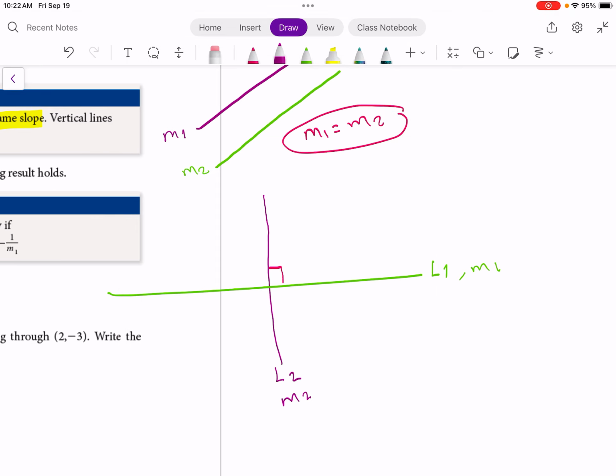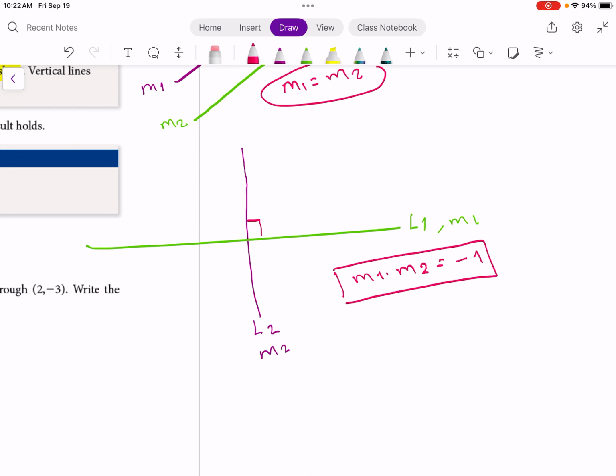If they are perpendicular to each other, the product of the slopes, M1 times M2, has to always equal -1. If the product of the slopes of two lines is -1, then those lines are perpendicular to each other. Or you can interpret it in a different way.